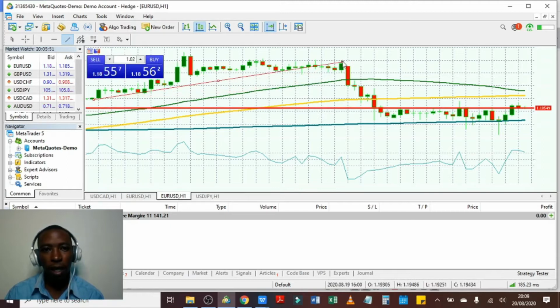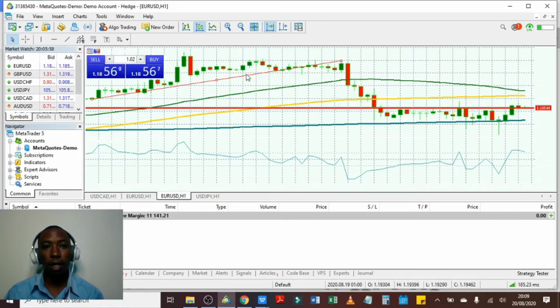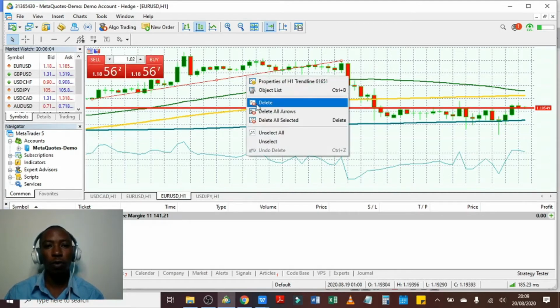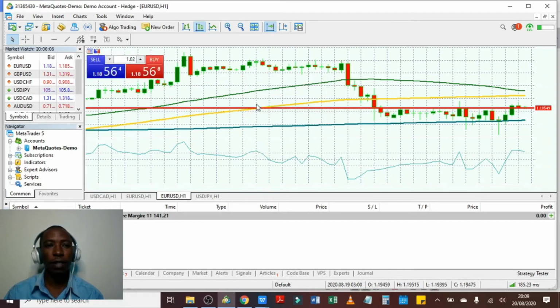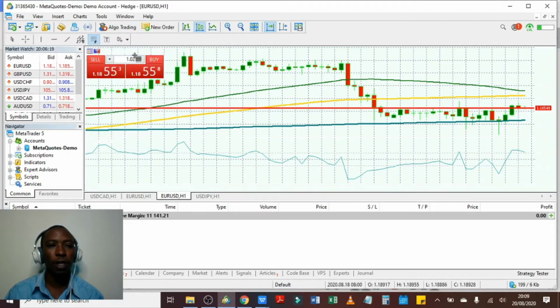You can see it's a trend line that is going upwards, meaning the market was trending upwards. To draw a Fibonacci for an upward trending market, let me delete this trend line. You come here to the F, as you can see in the menu bar. Alternatively, you access the Fibonacci under Insert, go to Objects, and there you have Fibonacci retracements.